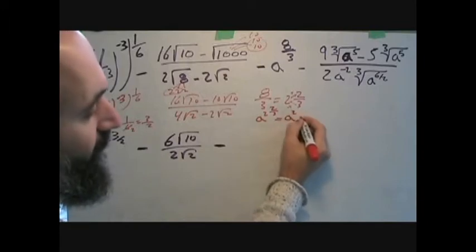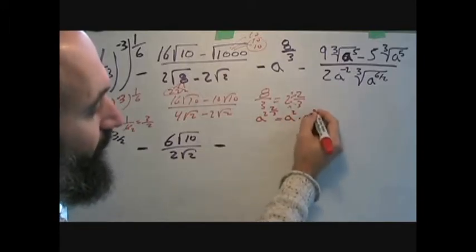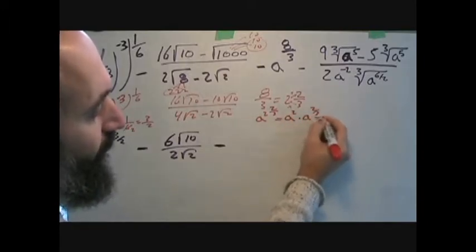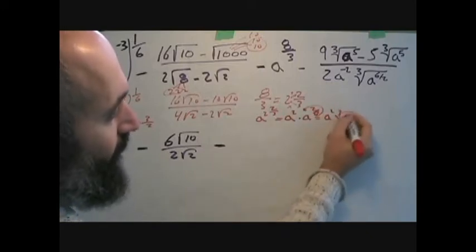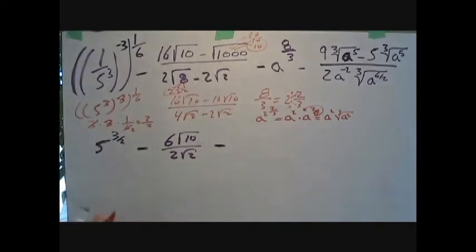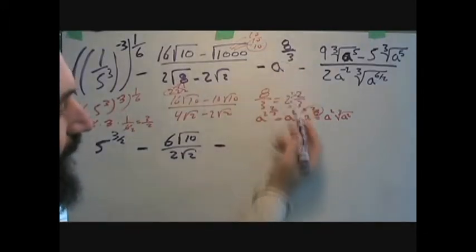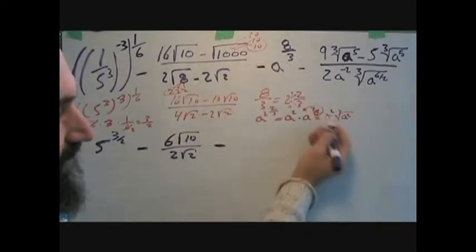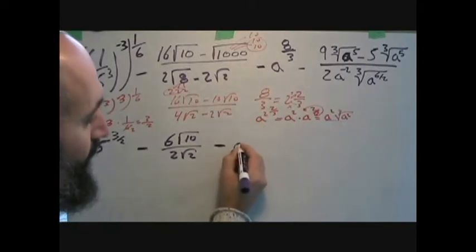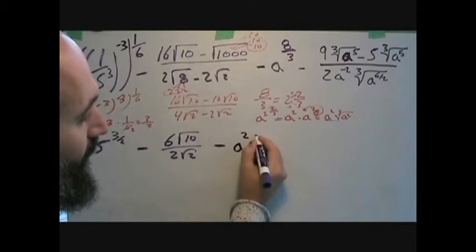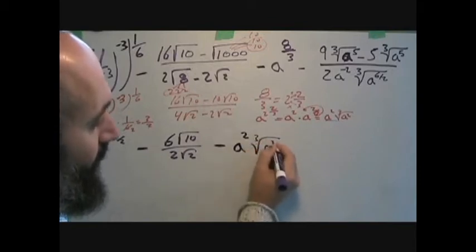This becomes a squared times a to the power of 2 over 3, which is a squared, and the 3 goes in the radical. It becomes cube root of a squared. So we just went directly from here to our simplest form of this. So this would be a squared cube root of a squared.